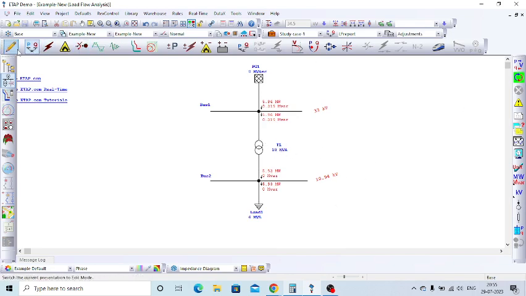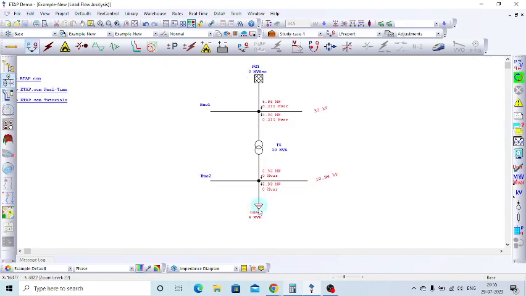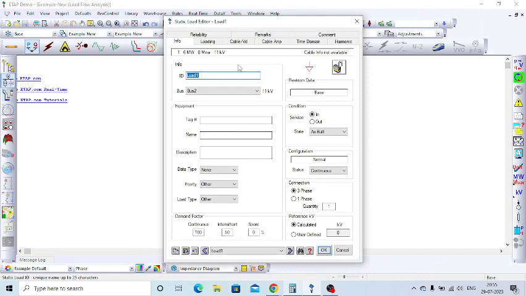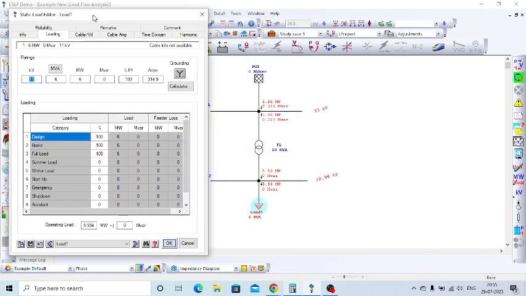Suppose I need to change the power factor. Now the static load is operating at unity power factor. Let's say I am changing the power factor to 85 percent. It means the static load rating of 6 MVA is operating at 85 percent power factor.